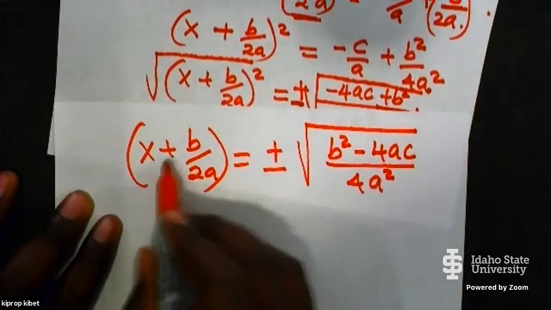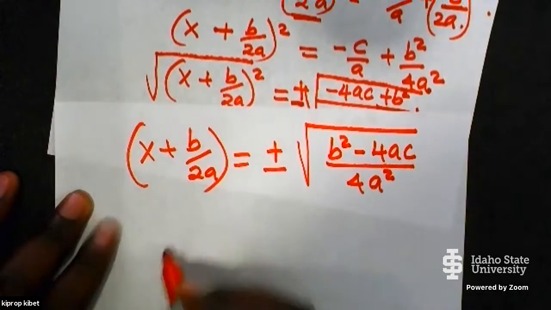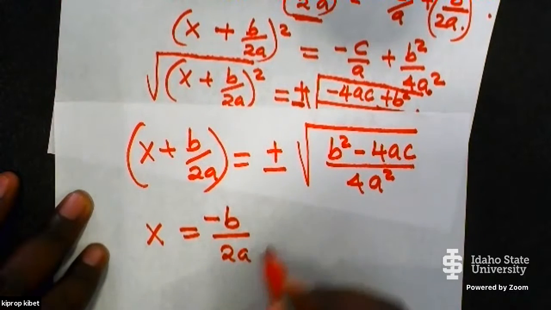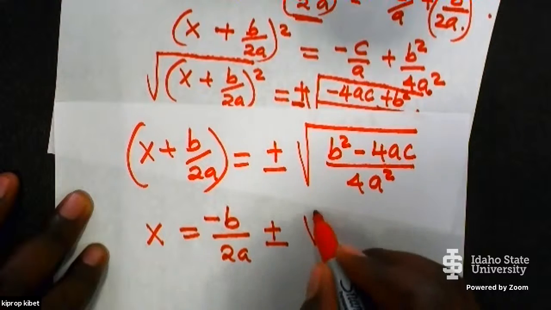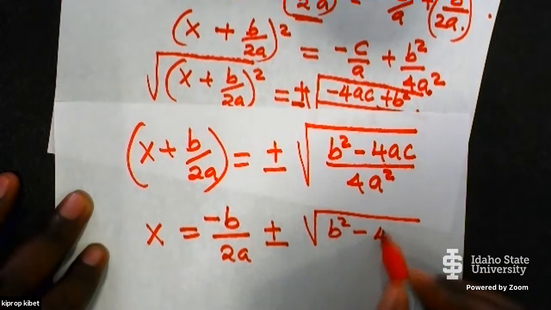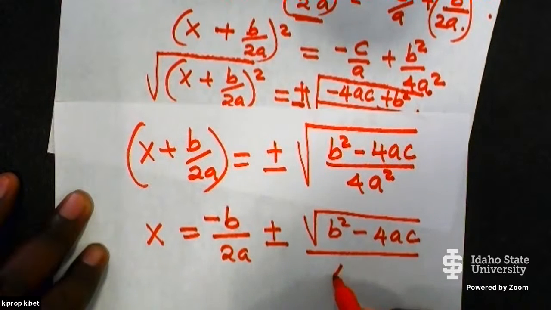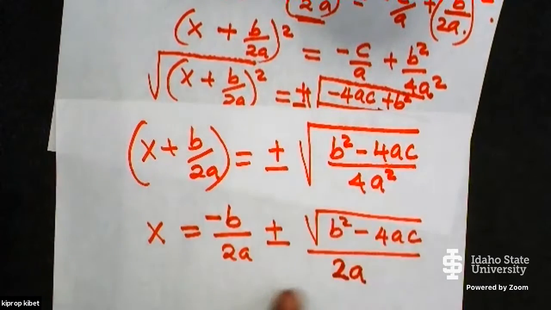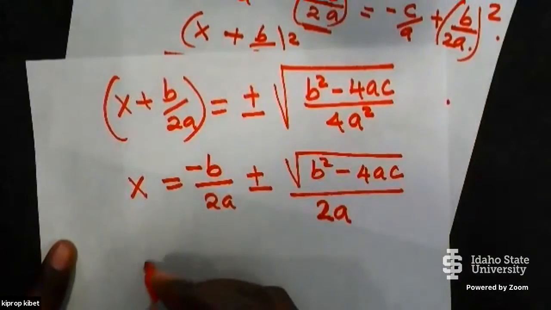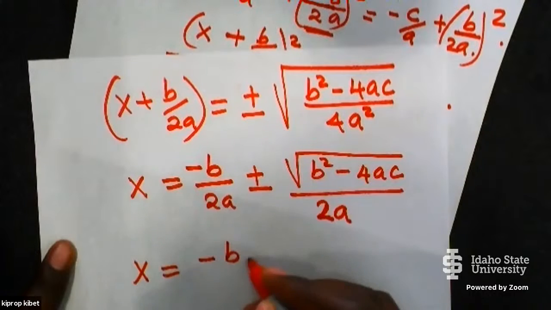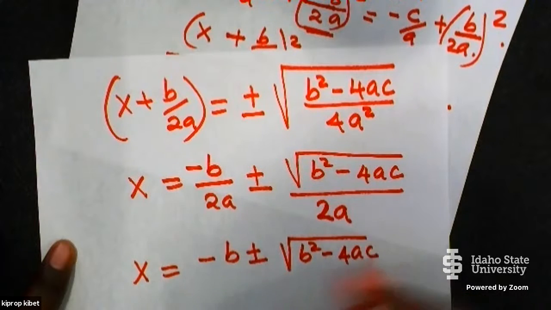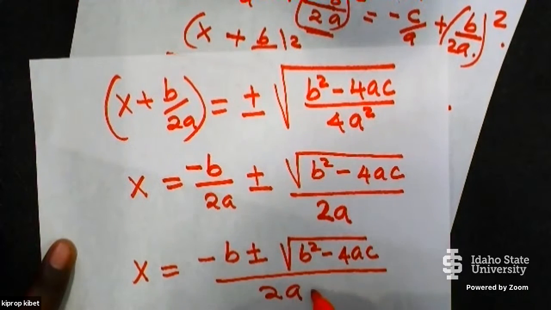And then now we take this b to the other side. So x equals minus b all over 2a plus or minus the square root of b squared minus 4ac all over 2a, because the square root of 4a squared is 2a. Now finally, x equals minus b plus or minus the square root of b squared minus 4ac all over 2a.